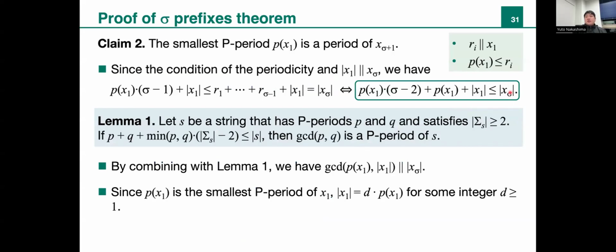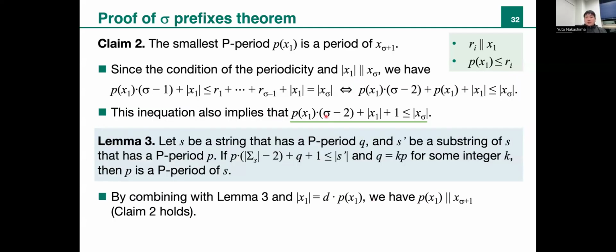So x sigma has two parameterized periods, P and the length of x1. We can use this lemma and get that the greatest common divisor of these two parameterized periods is also a parameterized period of x sigma. So finally we get that the length of x1 is a multiple of the smallest period of x1, like this.